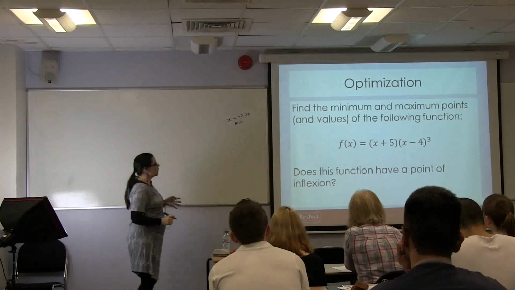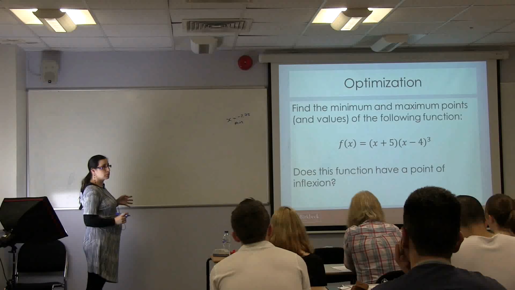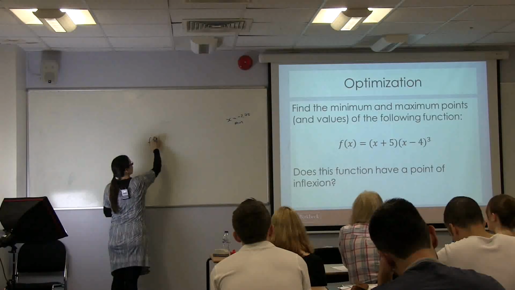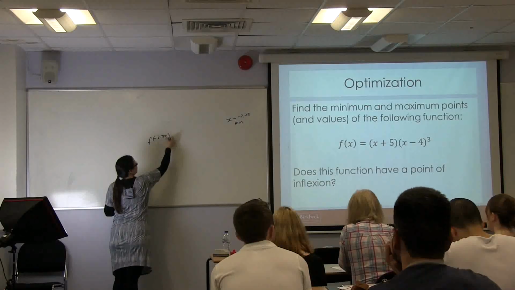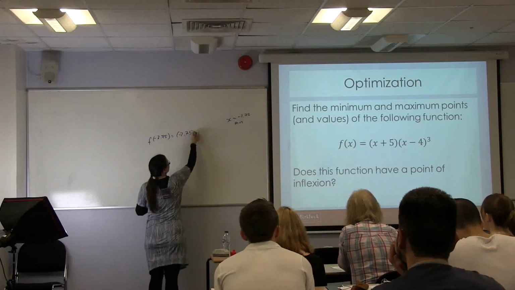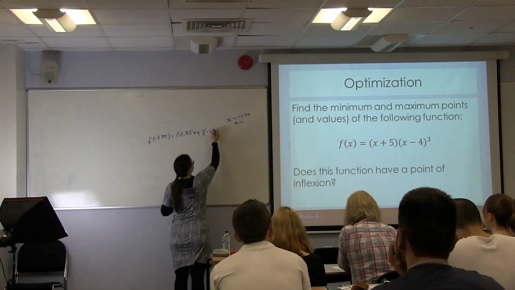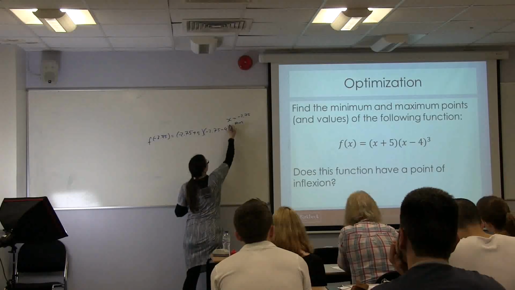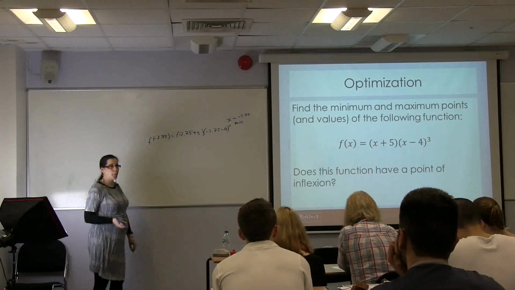And how do we find the minimum value? Plug it into the simple function. So we just need to find the value of this, which is minus 2.75 plus 5 times minus 2.75 minus 4 cubed. And again, it's calculator work, a little bit boring.